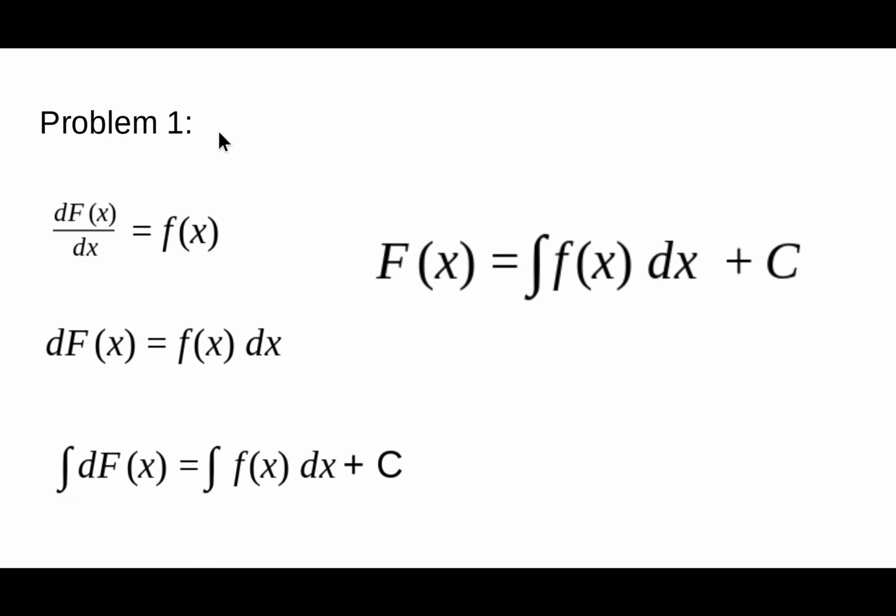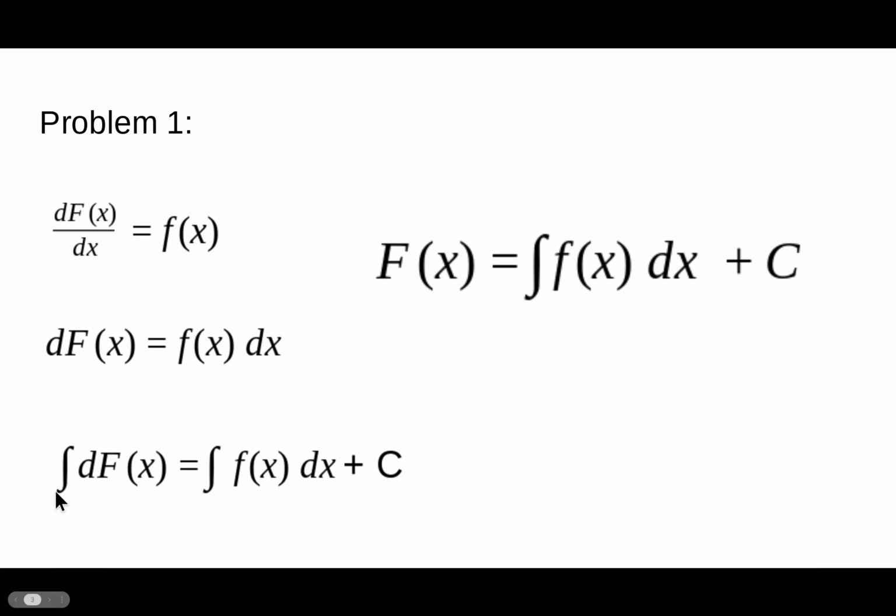Okay, so we're going to start off like this. We're just writing it in dy over dx form. d of F of x over dx is equal to f of x. Multiply both sides by dx. We have this. And now this is where integrals come in. We are taking the indefinite integral of each side.